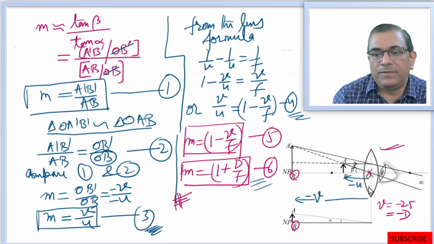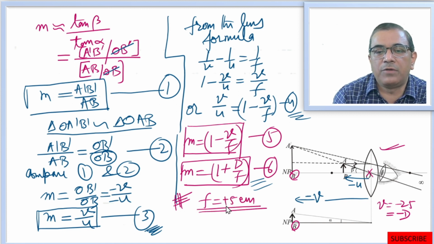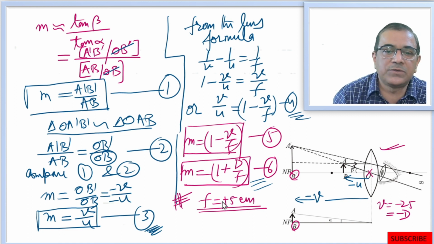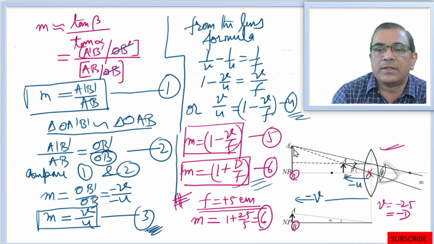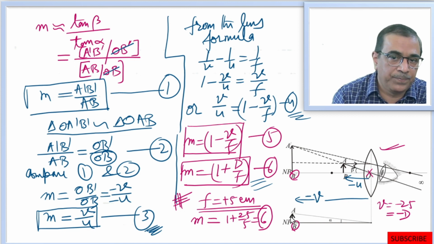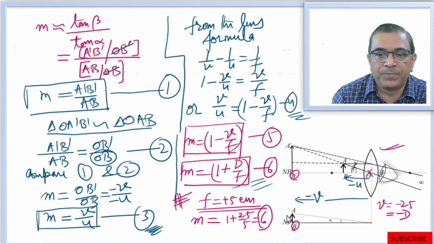When the focal length of the lens happens to be, say, 5 centimeter, convex, because it's a convex lens, so we'll put 5, and the magnification in this case is going to be how much? Just substitute 1 plus 25 by 5, and this is equal to 6. So the angular size of the image will be 6 times bigger than the angular size of the object in case number 1. Is that right?